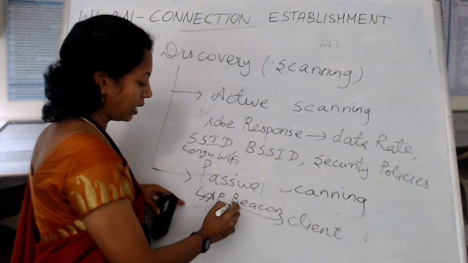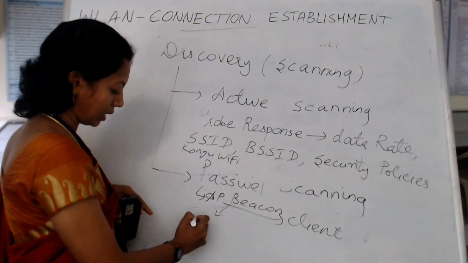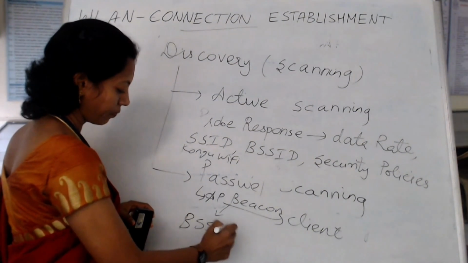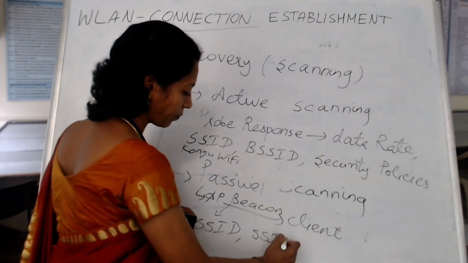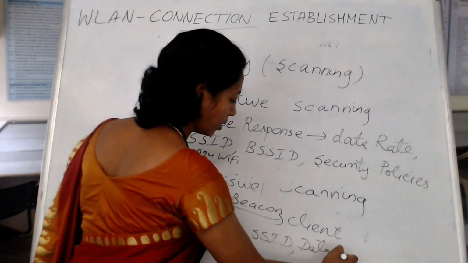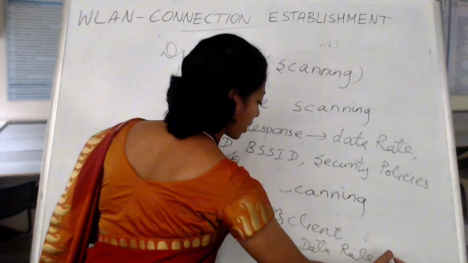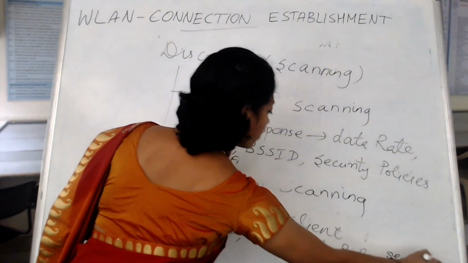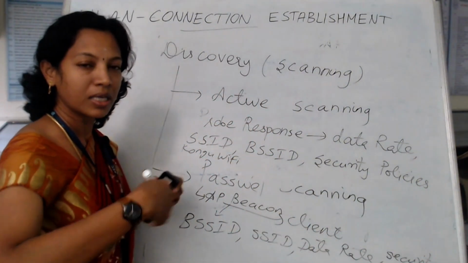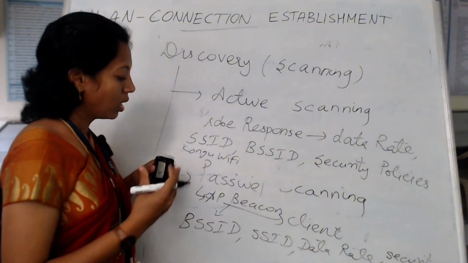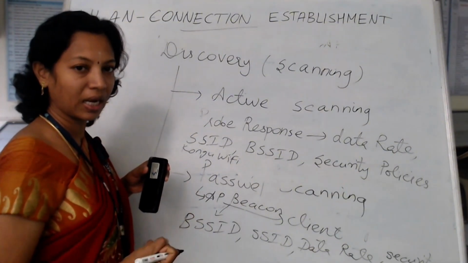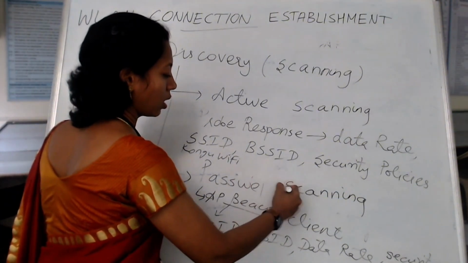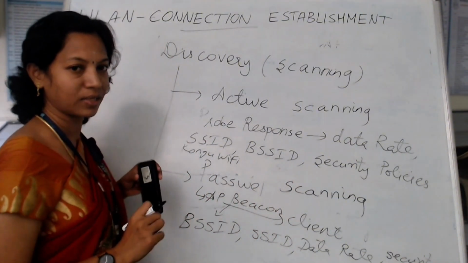In that beacon signal, it contains BSSID, SSID, the supported data rate, and the security policies. Once the beacon signal is received by the client, it will initiate the process of connecting with the access point.